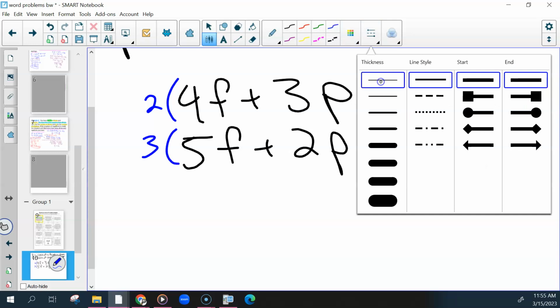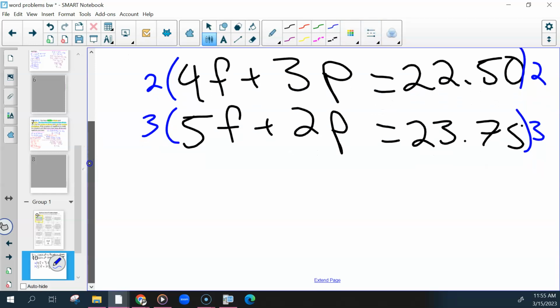So let's do that. We have 8F plus 6P equals, someone multiply that by 2, tell me what you get.